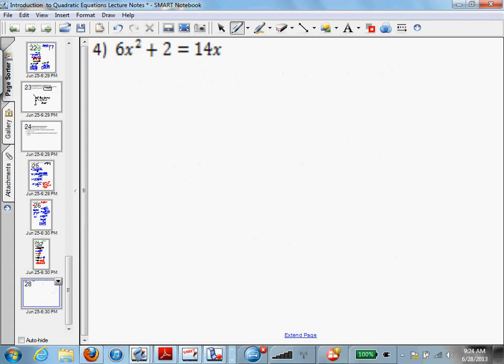Okay, and for our last example using the quadratic equation, let's make sure we have our ax squared plus bx plus c equals 0 form. So we want 0 on the right side. We do not have that, so we need to get the 14x on the other side by subtracting it.